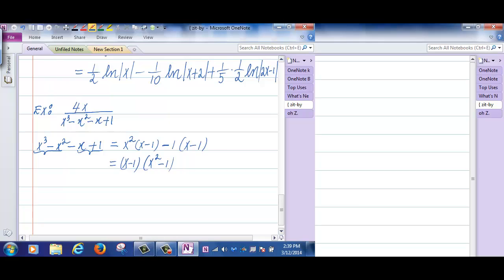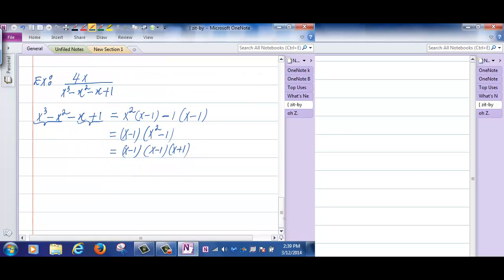Now x squared minus 1 is a quadratic. Is this irreducible or reducible? Reducible, that means I can factor it out. And if I factor it out, what do I get? If I factor x squared minus 1, I get x minus 1 times x plus 1.